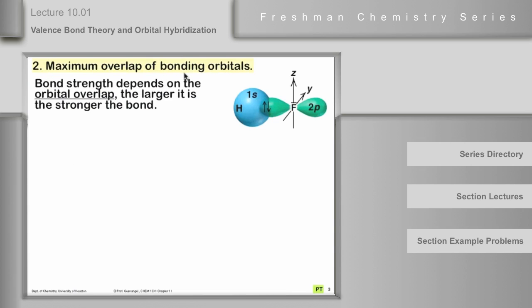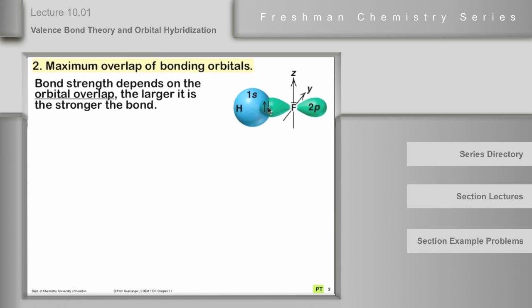The second thing is that as far as the strength of a bond goes, the more overlap you have, the better. Okay? The localization of a pair of electrons to stabilize the HF bond coulombically, we described what that was. 4 attractions, 2 repulsions.